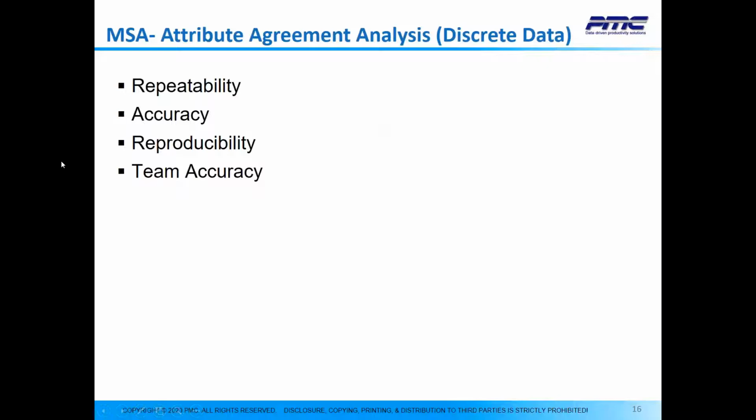When we do MSA, there are 2 different types of MSA that we do. One is called the attribute agreement analysis, or attribute gauge R&R. That's for the discrete data. And when we do that, we look at the repeatability, accuracy, reproducibility, and team accuracy.